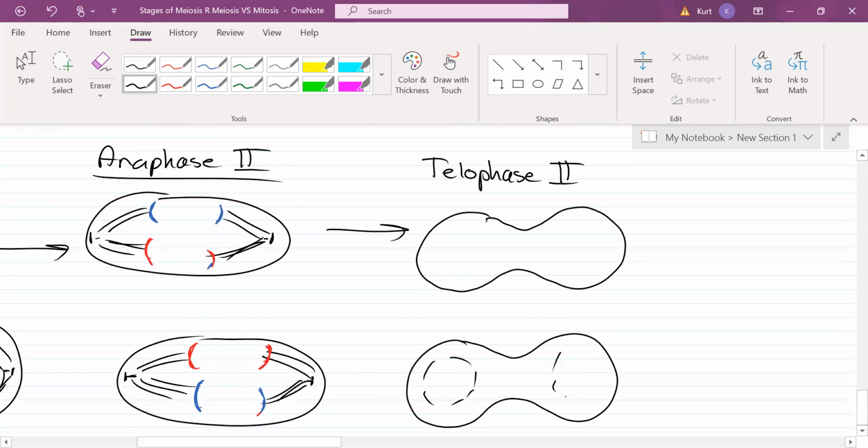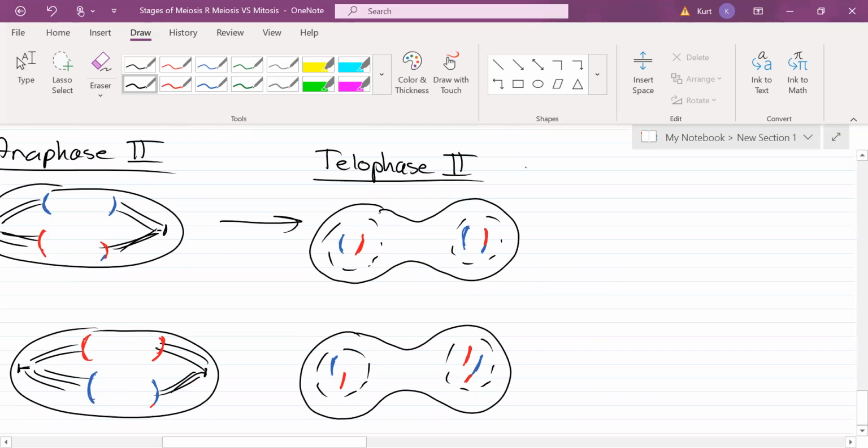Nucleus is starting to reform. And then we have cytokinesis.